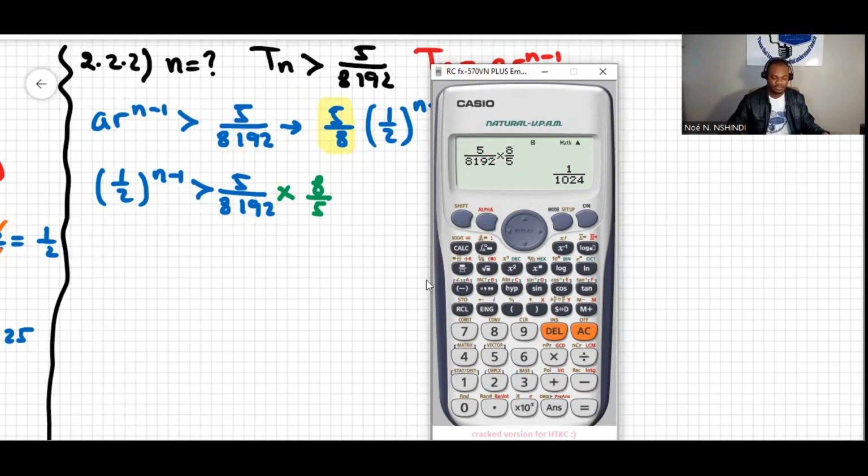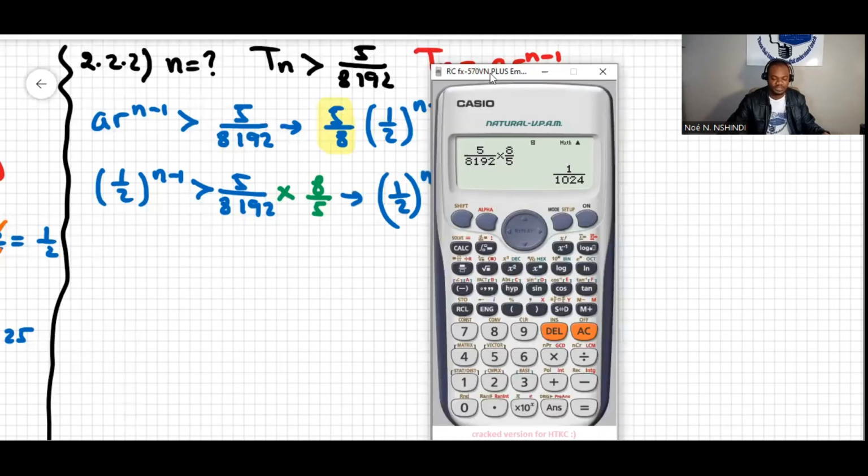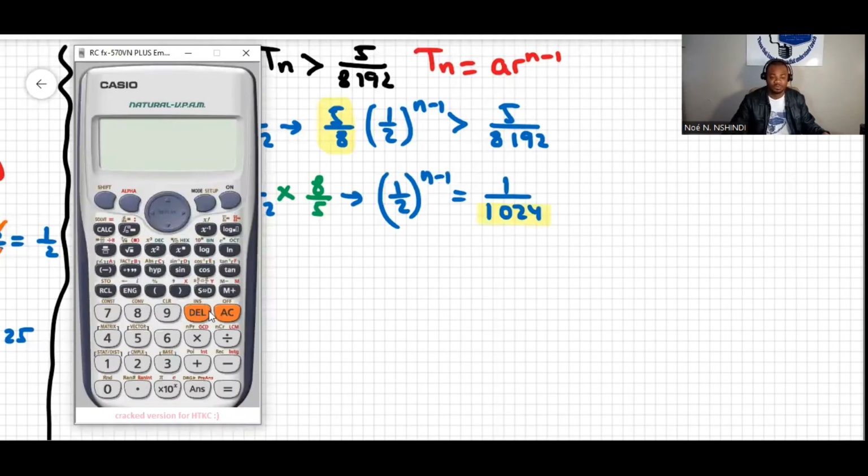So this simply means that a half to the n minus 1 will be equal to 1 over 1024. In a situation like this, always try to see if we can write this number in terms of prime factors. What does it mean? It means I want to write it in its exponential form, having the base a prime number.